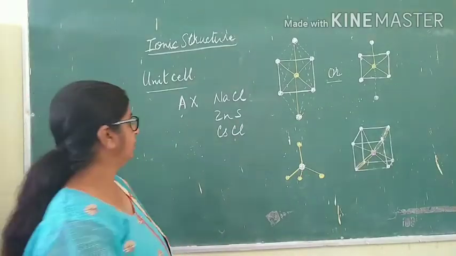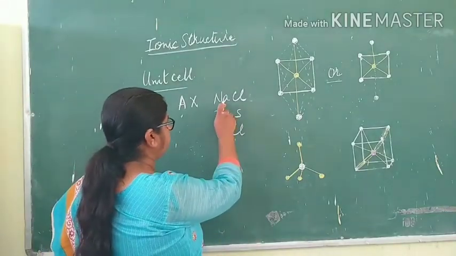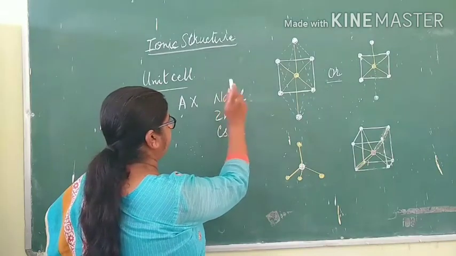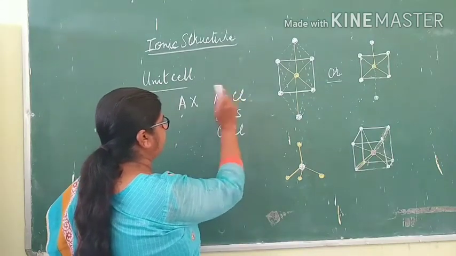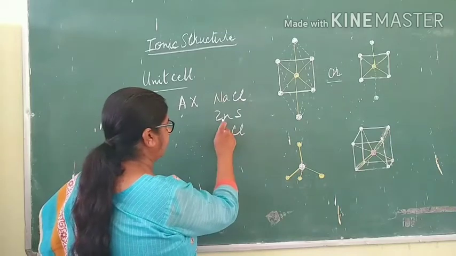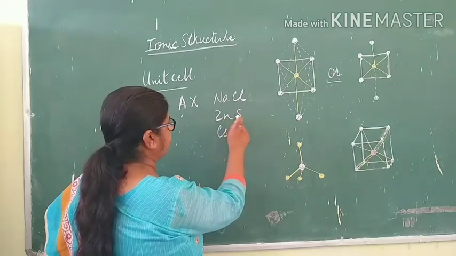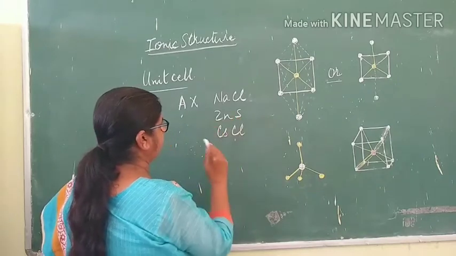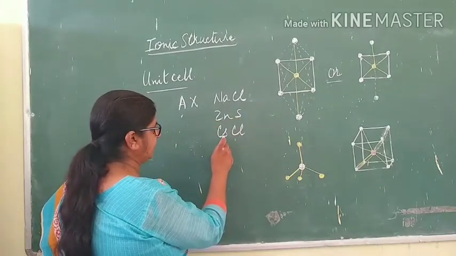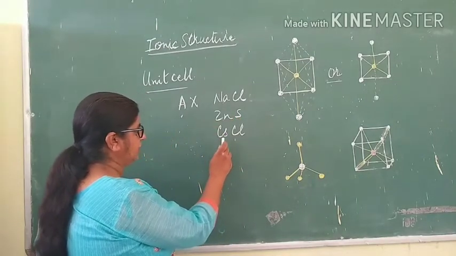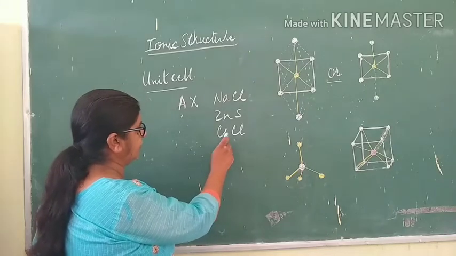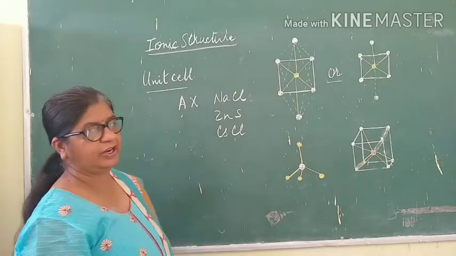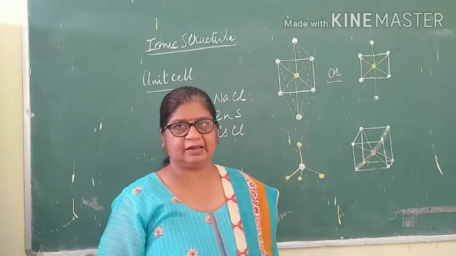Here, the coordination number of sodium will be the same as the coordination number of chloride. The coordination number of zinc will be the same as that of the sulfide ion. Similarly, in cesium chloride, the coordination number of cesium will be the same as that of the chloride ion.